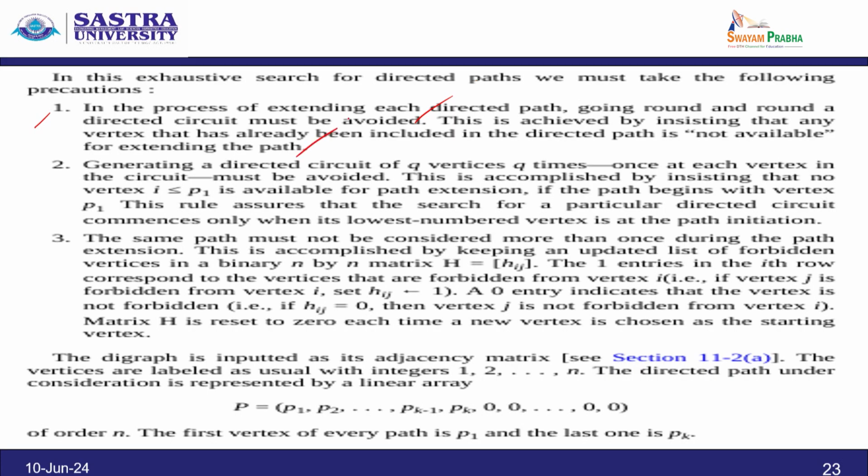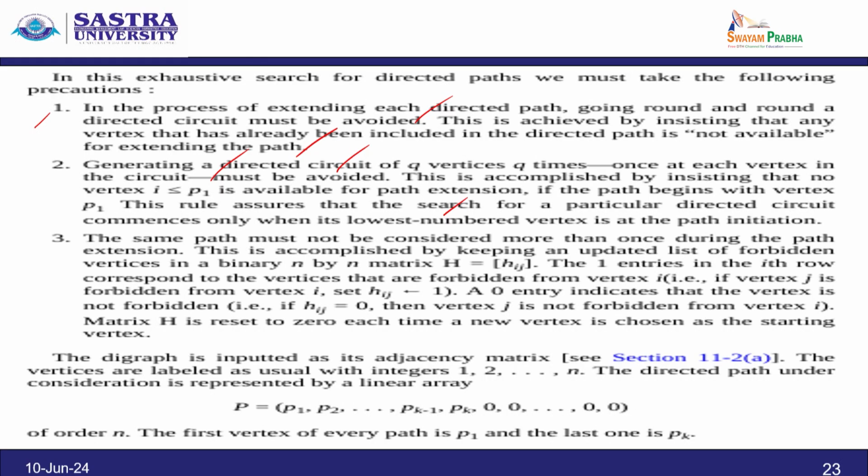Number 2, generating a directed circuit of q vertices q times, once at each vertex in the circuit, must be avoided. This is accomplished by insisting that no vertex i less than or equal to P1 is available for the path extension. If the path begins with the vertex P1, this rule assures that the search for a particular directed circuit commences only when its lowest numbered vertex is at the path initiation.